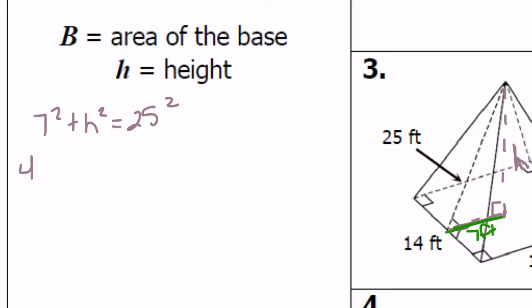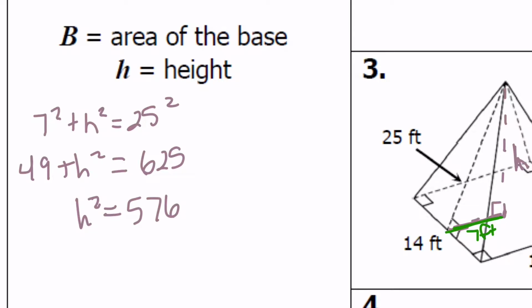Okay, so 49 plus h squared equals 625. So then h squared equals 576. Take the square root of both of those, which leaves me with a height of 24.